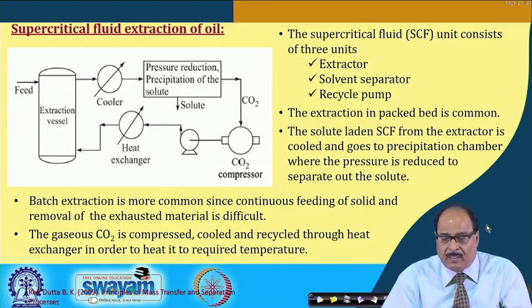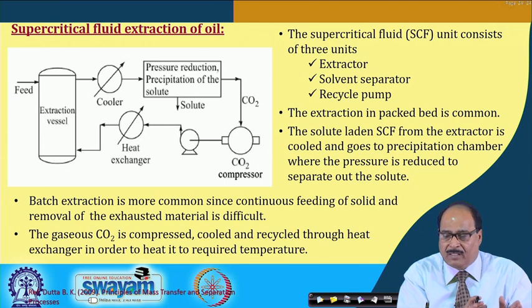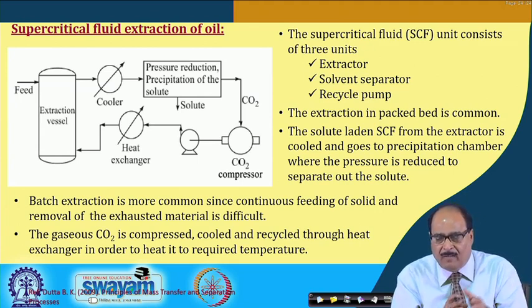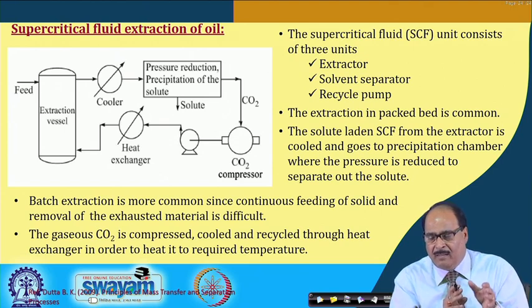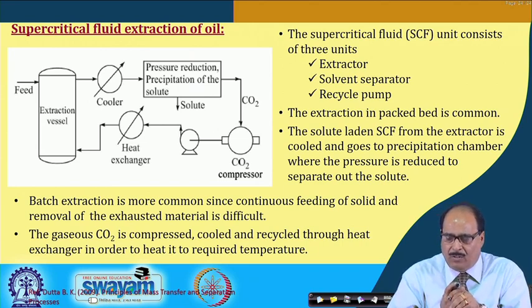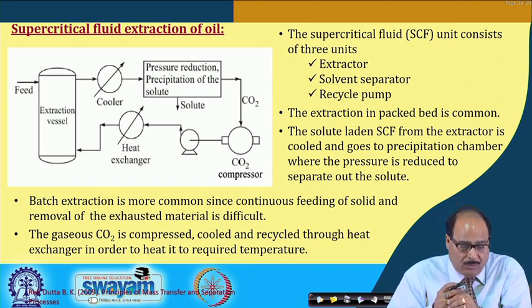So, in this method what is done? A supercritical fluid extraction system, we have studied earlier in detail, basically has an extractor, a solvent separator and a recycle pump. The extractor is a packed bed column. The solute laden supercritical fluid from the extractor is cooled and goes to a precipitation chamber, where the pressure is reduced to separate out the solute.